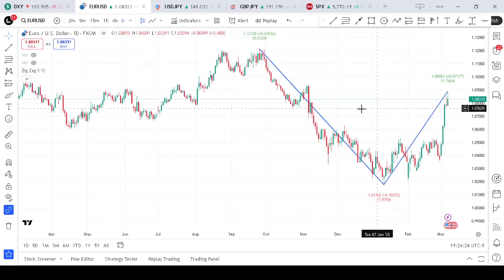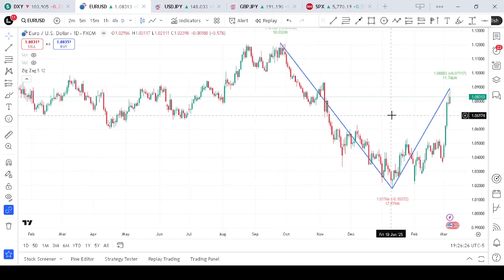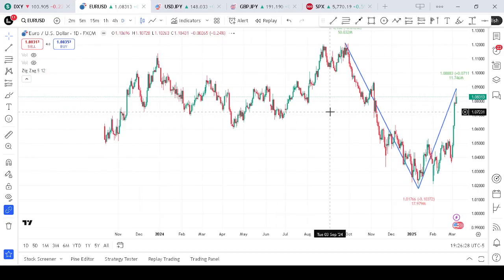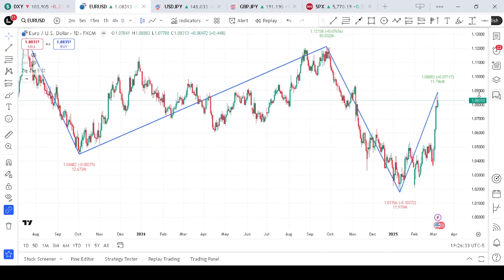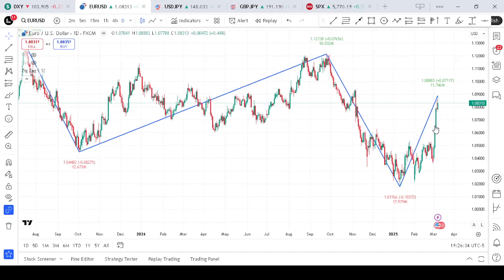It connects the top and the bottom price movements, providing a clear visual representation of trends and market structure. By doing so, it helps traders focus on the essential price action, making it easier to spot potential trading opportunities.